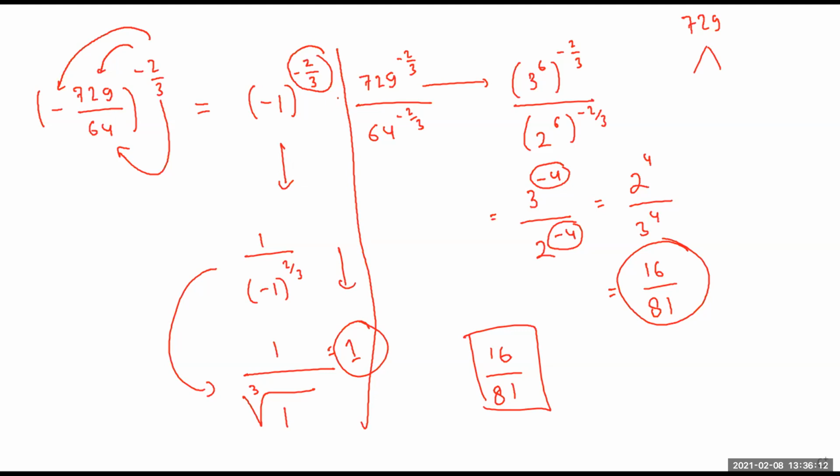Okay, any question? Yes, Flavia? If it is negative 1 in parentheses to the power of negative 3 over 2, it becomes undefined, right? Not undefined, imaginary. Imaginary is acceptable in this one.